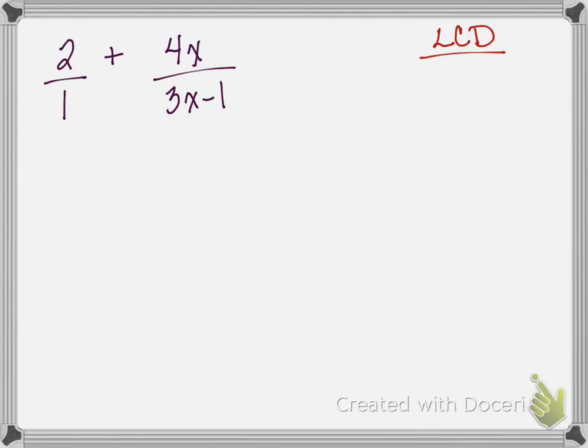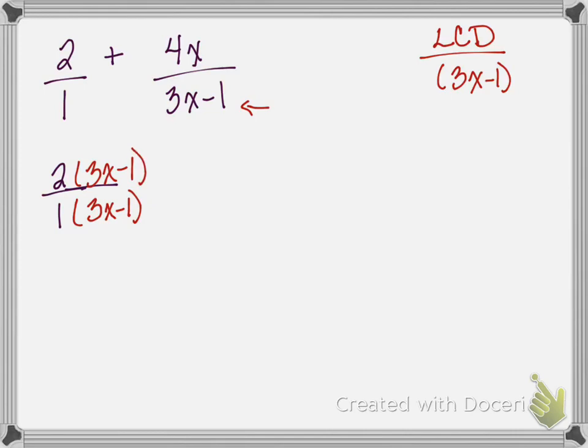So 3x minus 1 is the only part of our LCD. So I've got 2 over 1, and I need to multiply that 1 times 3x minus 1. And if I put it in the bottom, I also have to put it in the top.